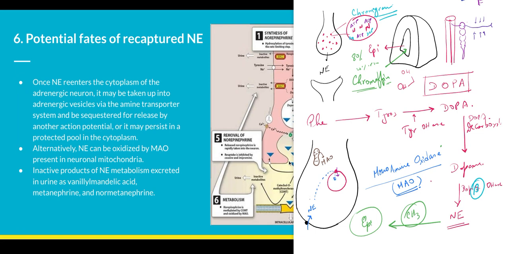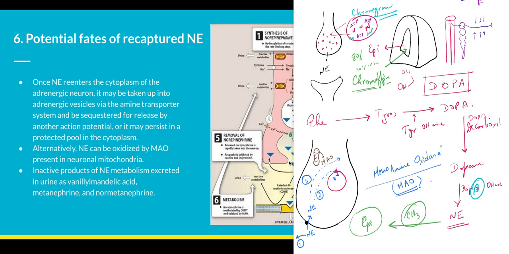Way number 2 is that it is destroyed by monoamine oxidase. And third, it doesn't only enter, it also gets converted into vanillylmandelic acid, metanephrine and normetanephrine. So these are the 3 possible fates of the recaptured norepinephrine.